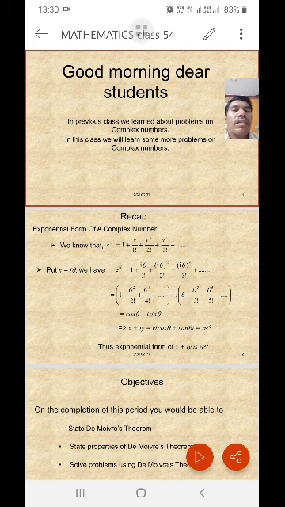And we have to know two or three properties, like a power m into a power n equals a power m plus n, and another property is a power m by a power n equals a power m minus n. And one more thing is, whatever is given in the question, we have to convert so that the bases of the numerator and denominator are the same. Then we can easily simplify the given expression or problem.